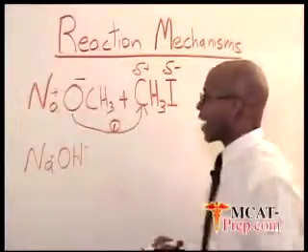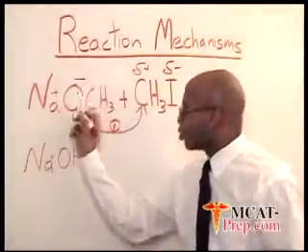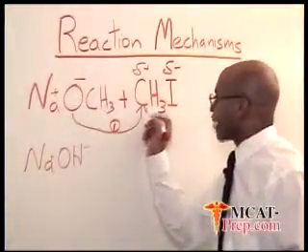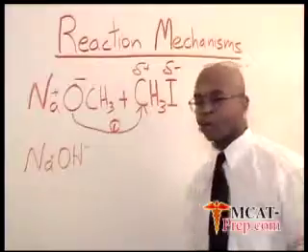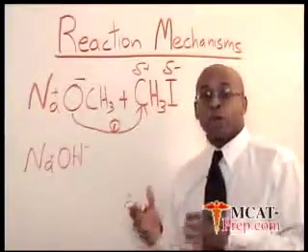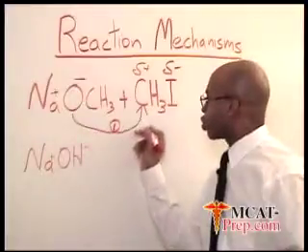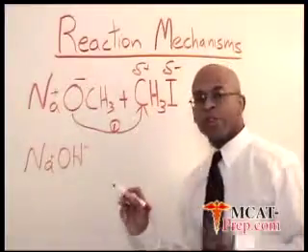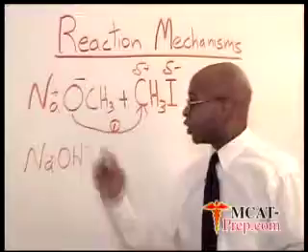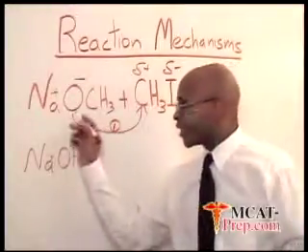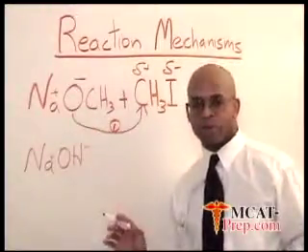So the first thing that happens in this reaction is that the nucleophile is going to attack the carbon. In organic chemistry, the routine is that when you show an arrow, when you're doing reactions, it represents the flow of electrons.